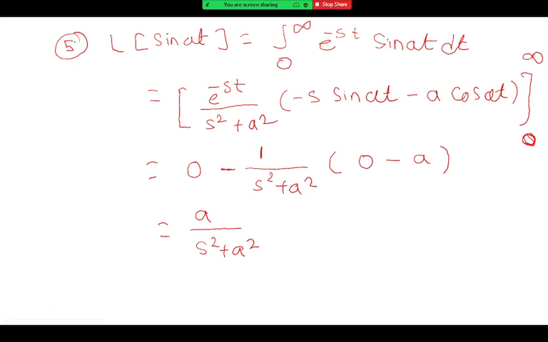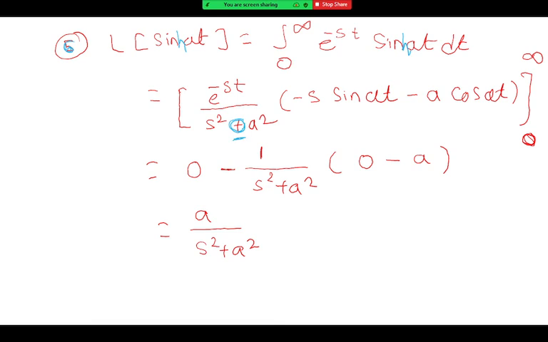Now I will just modify this to get the hyperbolic one. This is the sixth result, sin hyperbolic at. If sin hyperbolic at, then integral 0 to infinity e raised to minus st sin hyperbolic at. What is the difference in the formula of sin at and sin hyperbolic at? In that, this is a minus only.